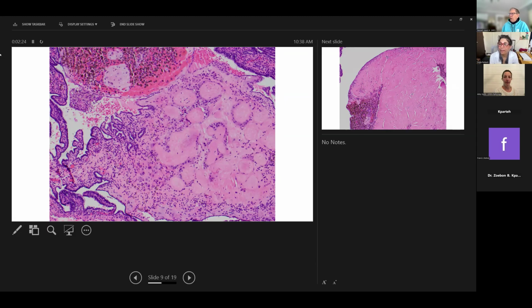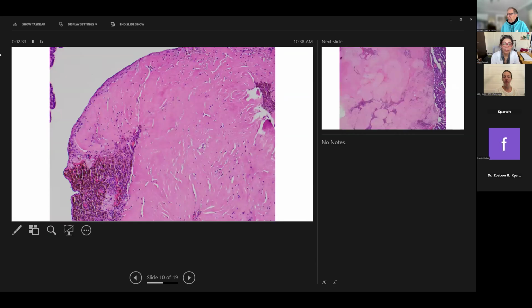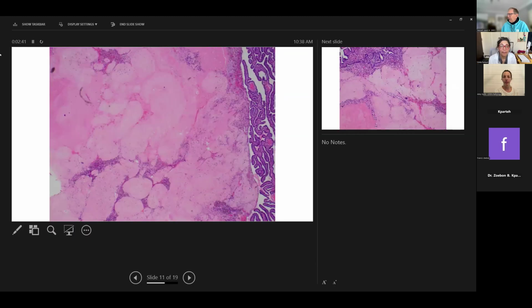So by this point, I was pretty convinced that this was a placental site nodule. And here are some other areas of very hyalinized tissue, associated with old hemorrhage and hemosiderin and so forth.